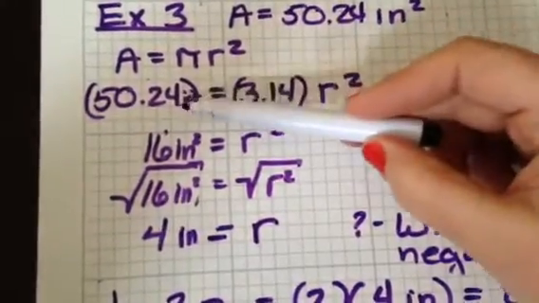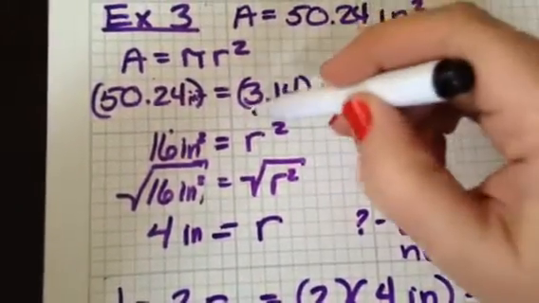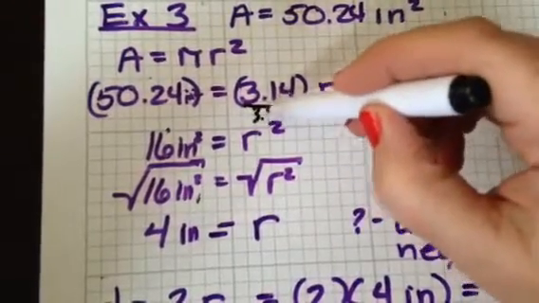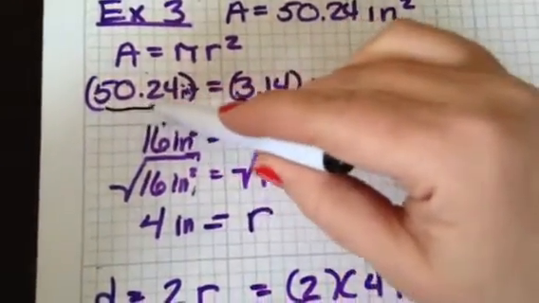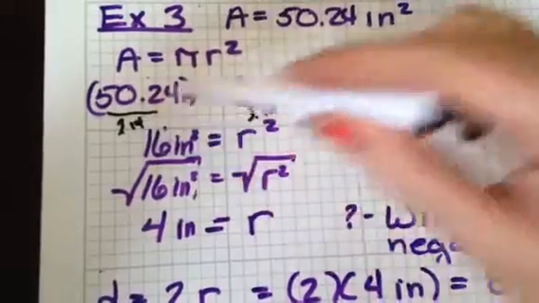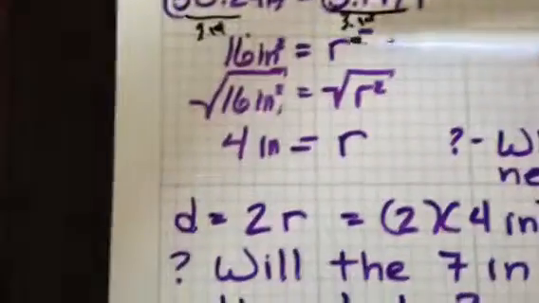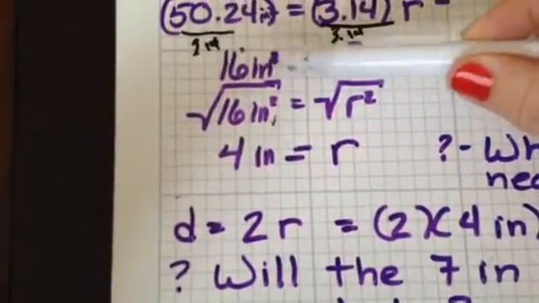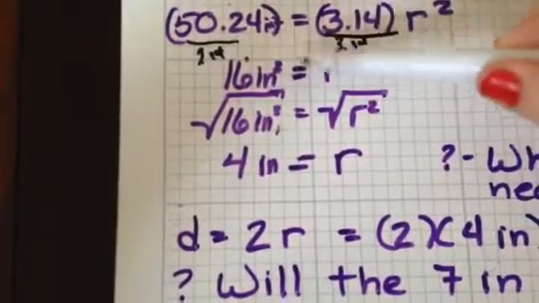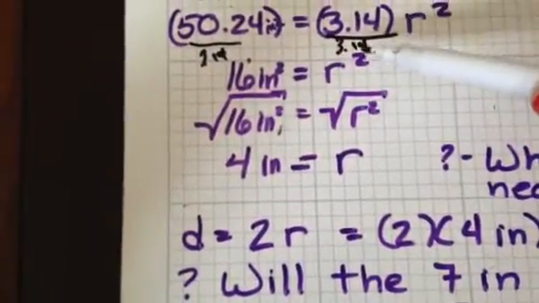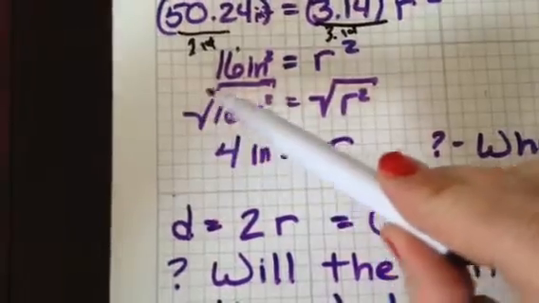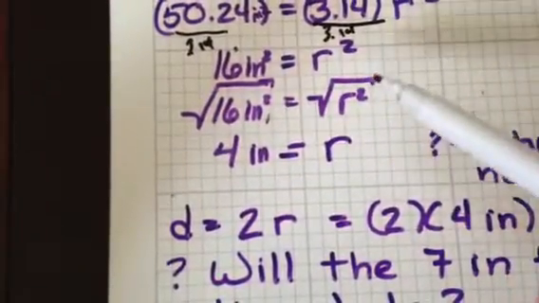Now when we divide both sides by 3.14, remember that's how we get r squared by itself. Okay, if we divide both sides by 3.14, then we end up with r squared is equal to 16 inches squared. Notice I brought my units down with it. So to find out what r is, I need to take the square root of both sides.